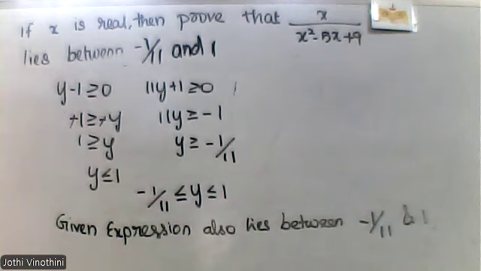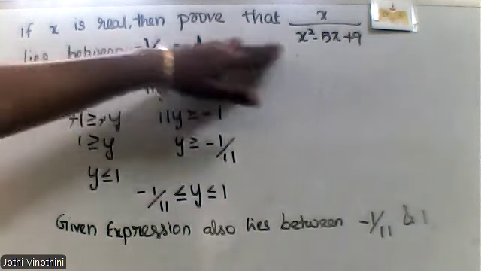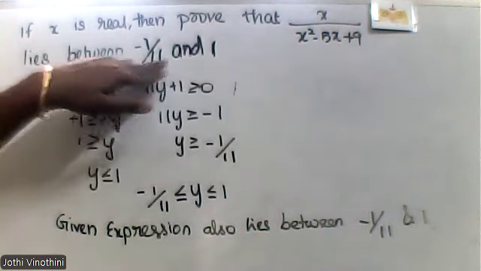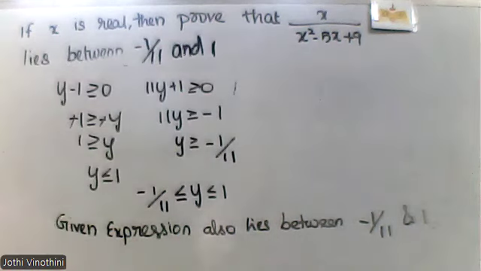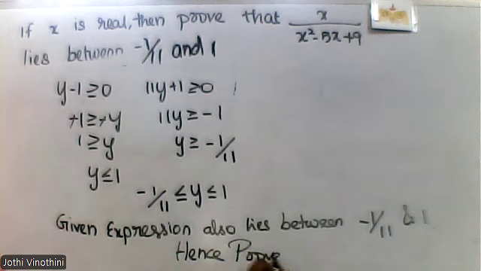Okay? What we have to prove? We have to prove the given expression lies between minus 1 by 11 and 1. So we proved this. So we can finally write hence proved. Clear? So I will give you 1 minute so that you can copy this and we will move to the next sum.